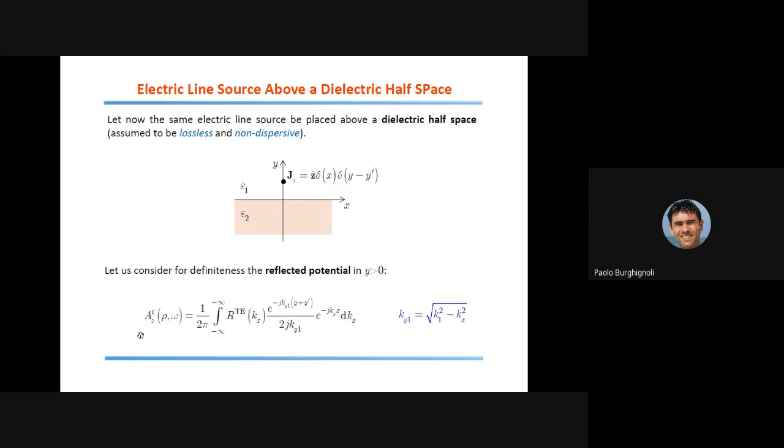As we have seen, we have this spectral representation of the reflected potential in the frequency domain, which involves the reflection coefficient, which is now a TE reflection coefficient because of the polarization of the field produced by this electric line source. As usual, you can see the vertical wave number ky1, which is related to the integration variable kx by the usual square root that comes from the separation condition.